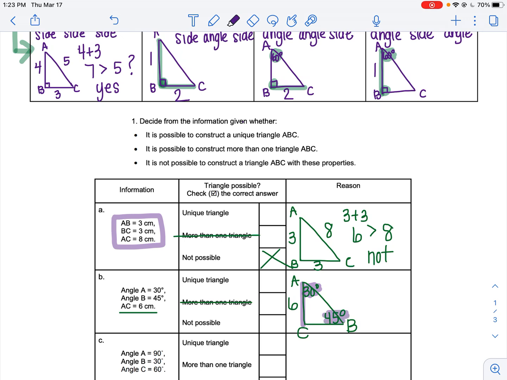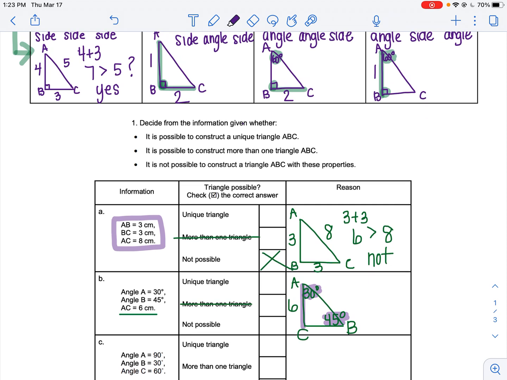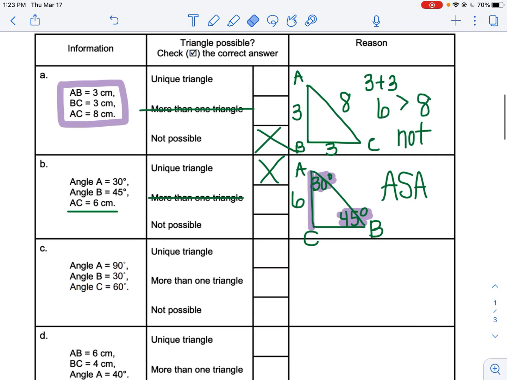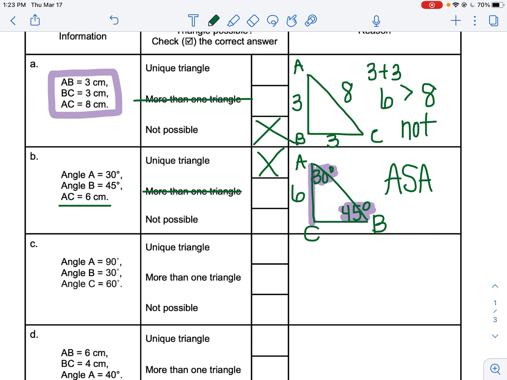So angle, side, angle. This is a unique triangle because of angle, side, angle. And I forgot to mark this one up here. This one is side, side, side. Oh, no, I didn't. That's because that was not possible. Can't label it side, side, side. Getting ahead of myself.